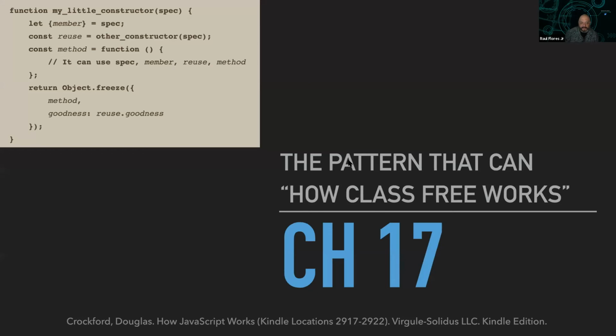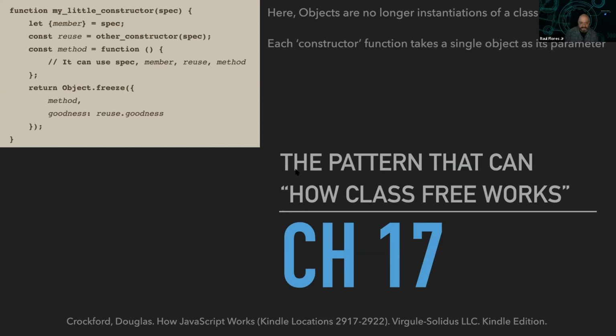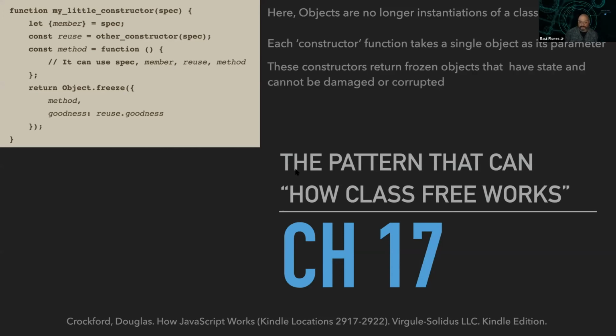Anyway, so if you give yourself a minute to look at the JavaScript on the upper left, you'll notice that what's happening here is objects are no longer instantiations of a class, so we won't be using new to create objects, and we won't need to be using this. In this case, each constructor with a little c, is just a function that takes a single object as its parameter, we'll call spec, and it returns a frozen object, right?